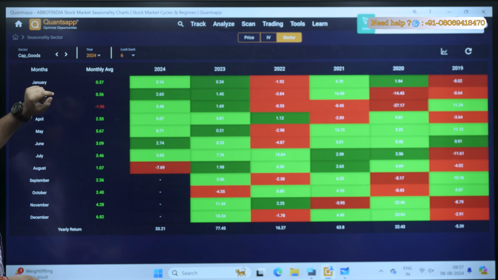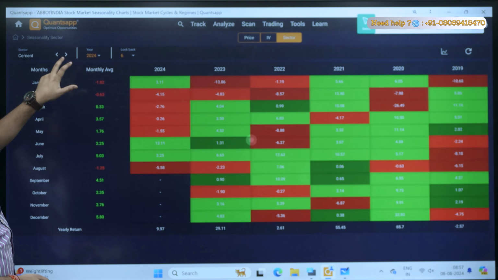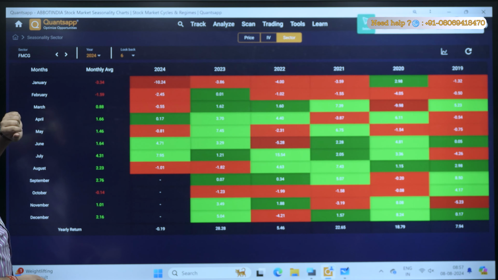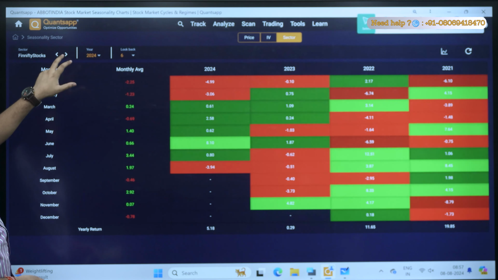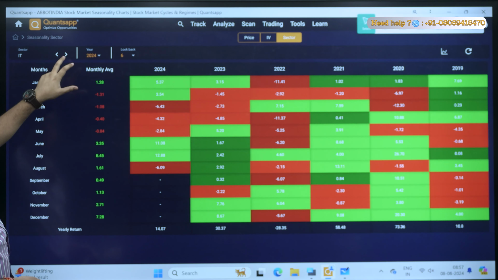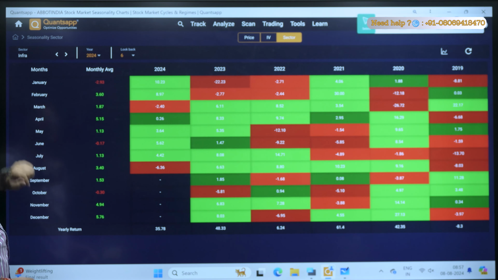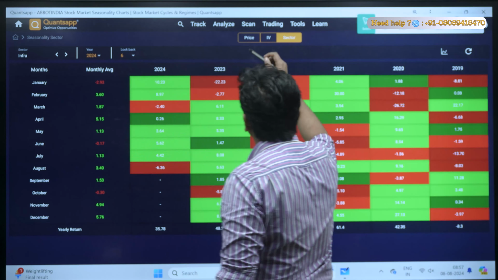Now I can see the August month, the capital goods, the cement sector. FMCG is going good, so I can go with the FMCG. Fin nifty stocks, no, not fin nifty stock. IT sector, yes, I can go with the IT sector. Infra, I can go with the infra. Now IT sector, so go with the IT sector.